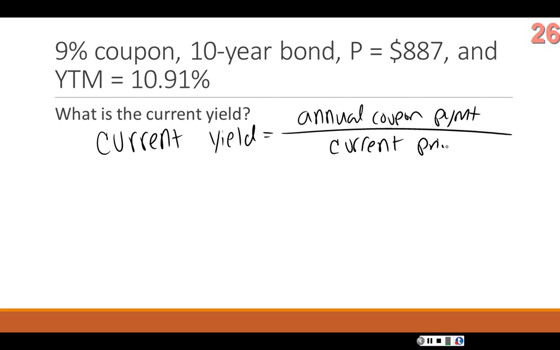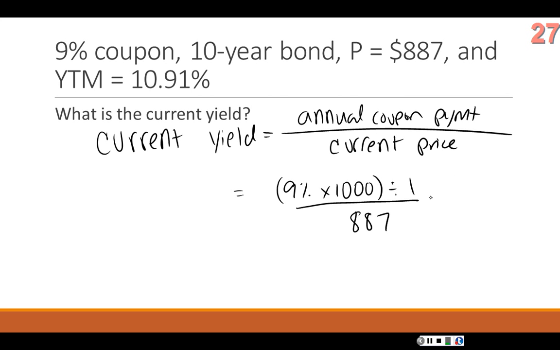So it's not the price that you paid for it, it's the current market price. It's a 9% coupon bond with a face value of $1,000, and the current market price is $887. So we multiply our coupon rate times the face value, divide that by 1 because it's an annual bond, and divide all of this by the current market price of $887. So 90 over 887, and that gives you 10.15%.